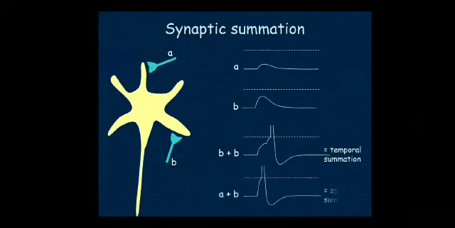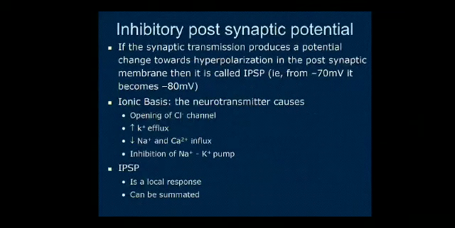excitatory postsynaptic potential. Then you will see the inhibitory postsynaptic potential. It's opposite to excitatory. That means when there is a stimulus from the presynaptic to postsynaptic, when the potential in the postsynaptic goes towards more negative, it is called inhibitory postsynaptic potential.